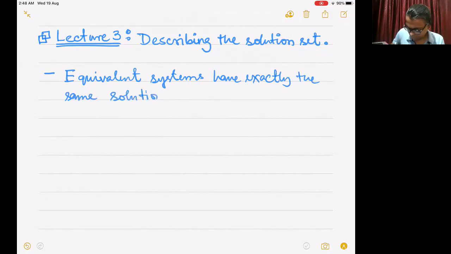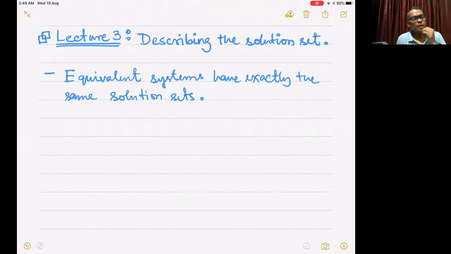Now, let me remind you what we mean by equivalent systems. We have seen that there is this idea called linear combinations of equations. If we have two systems, system 1 and system 2, each with several equations, then system 1 and system 2 would be called equivalent to each other if the following happens.